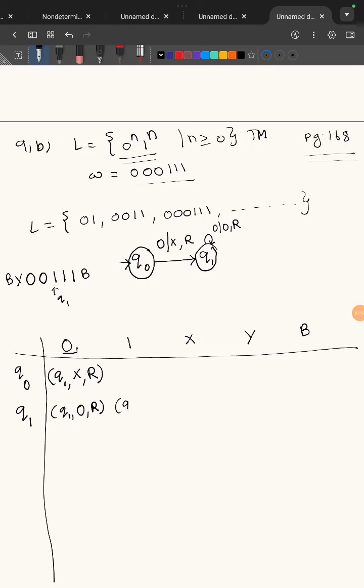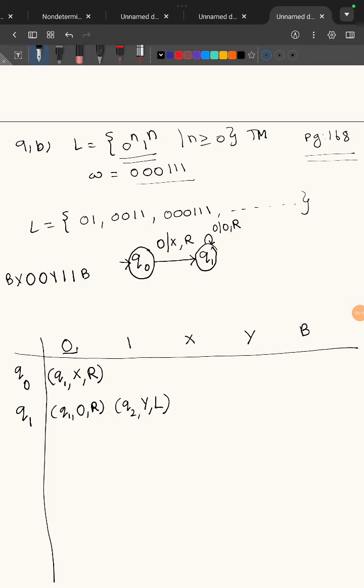What will I do? I will go to state Q2, because we are converting the 1 to y. Now how will the pointer move? The pointer will move in the left direction, because once again we have to start from the first state.